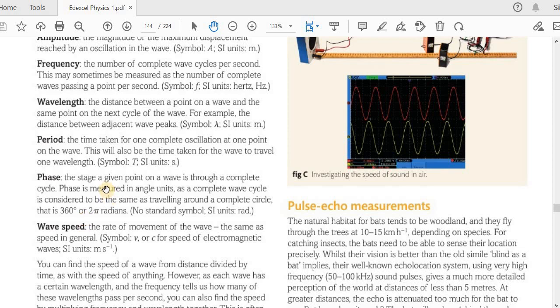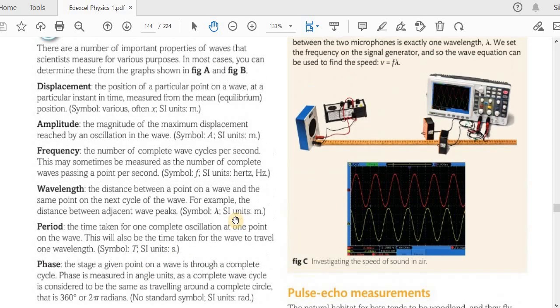So the stage a given point on a wave is through a complete cycle, that is phase. Phase is measured in angle units. No standard symbol.